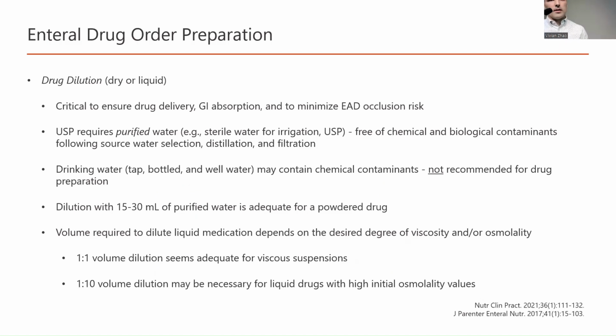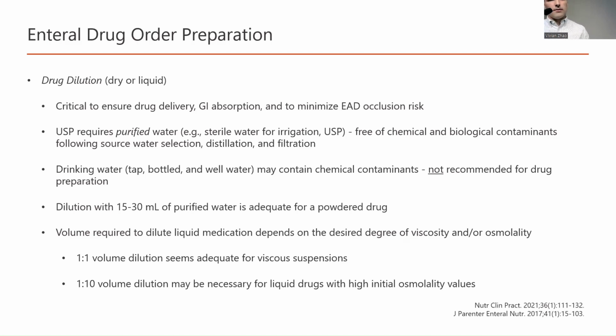So drug dilution, whether it's dry or liquid, is critical to ensure drug delivery, GI absorption, and to minimize occlusion risk. USP requires purified water, and purified water does not mean sterile water. Sterile water is an example of purified water, and USP defines purified water as free of chemical and biological contaminants following source water selection, distillation, and filtration. Drinking water is not recommended because it may contain contaminants.